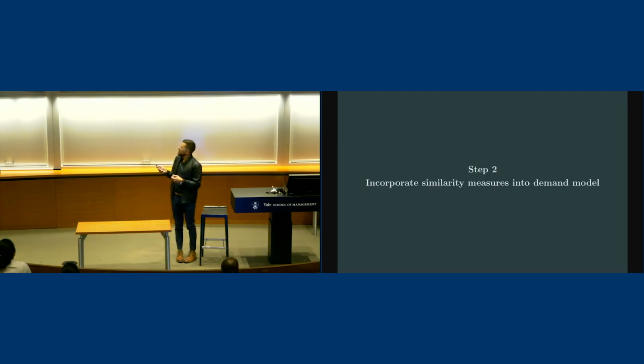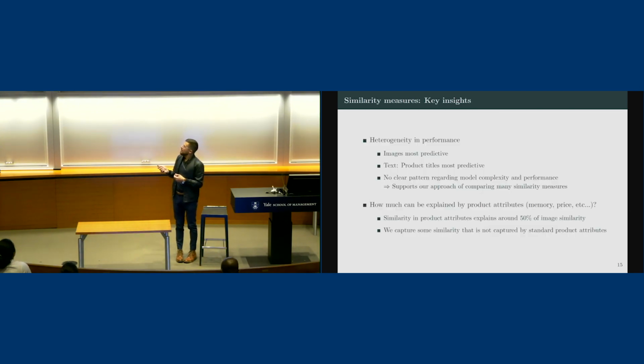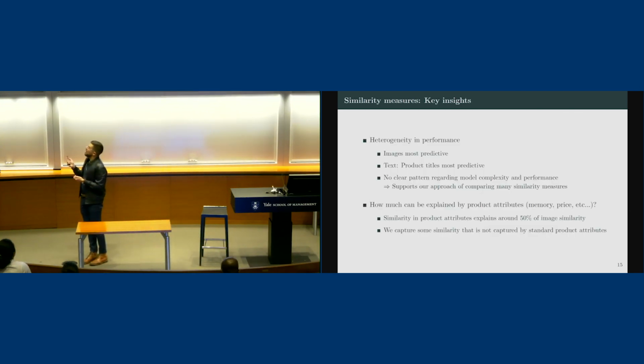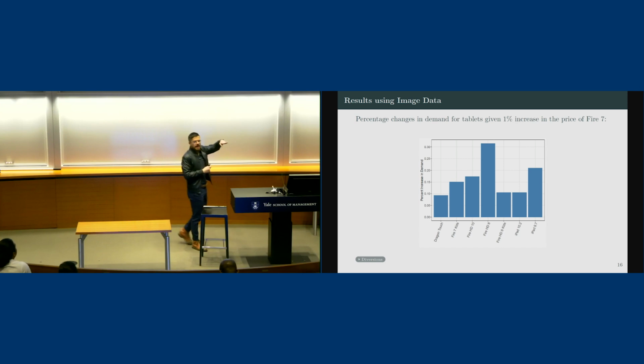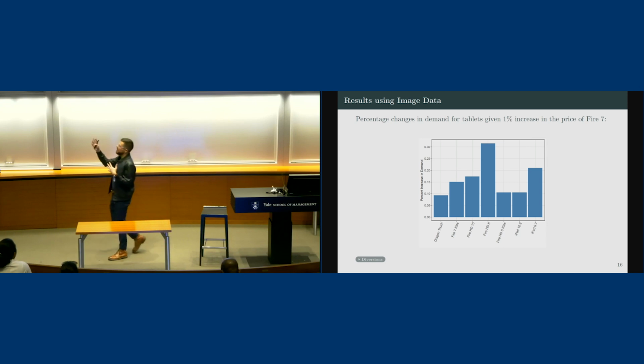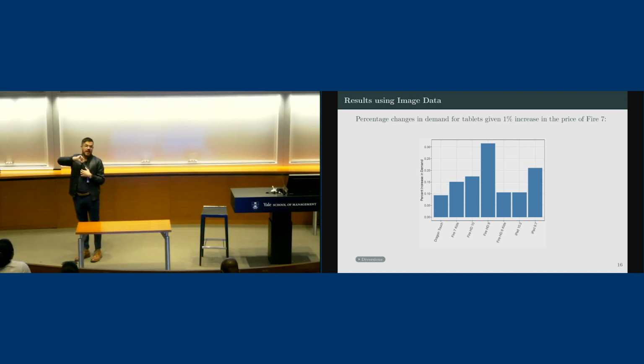Let me quickly go back here and show you some results in terms of the substitution patterns. So remember the first plot that I showed you, where all the bars have the same height, right? That was the bad model that I presented to you, that essentially said, regardless of the tablet, the tablet is going to have the same kind of demand response to a change in the price of Fire 7.